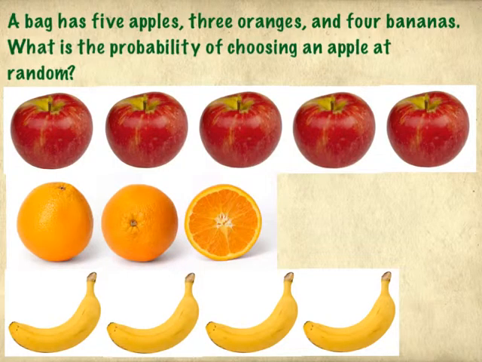So here's all my fruit. So this is my ratio. As you can see, I have 5 apples, 4 bananas, 3 oranges. That's the ratio set up above. So to find out the probability of picking an apple, I just have to count up. I have 1, 2, 3, 4, 5 apples.